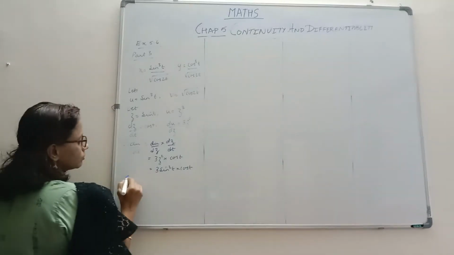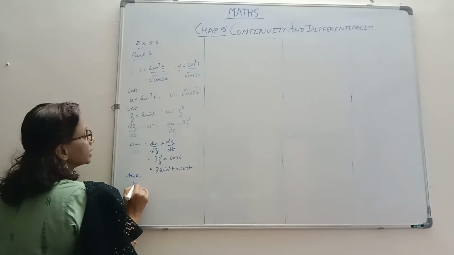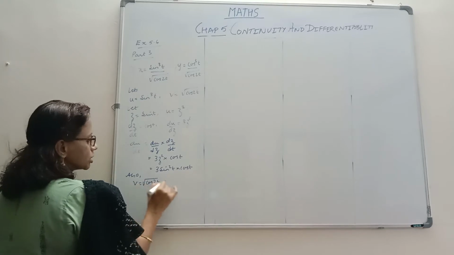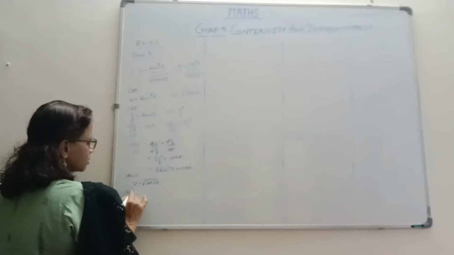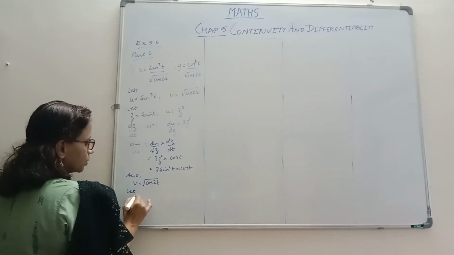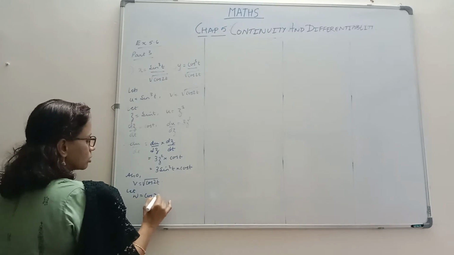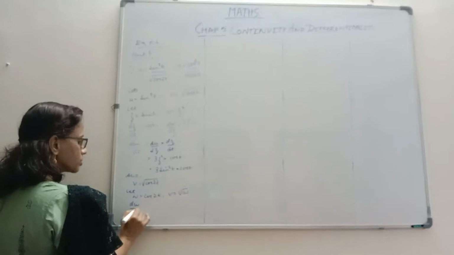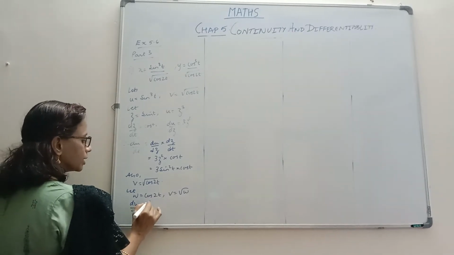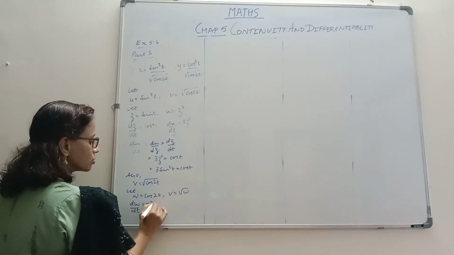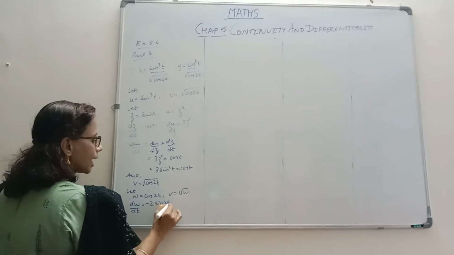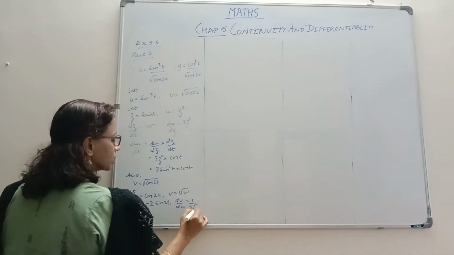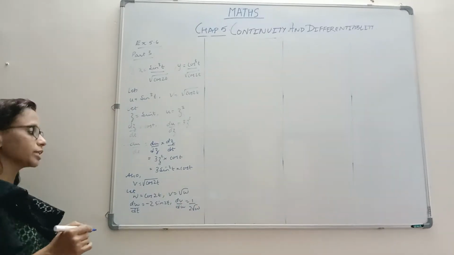v is root of cos 2t, which is cos 2t raised to half. So let w be cos 2t. Then v will become root w. dw by dt, the derivative of cos 2t, is minus 2 sin 2t, and dv by dw we know is 1 by 2 root w, since for x raised to n we take n times x raised to n minus 1 when we take the derivative.